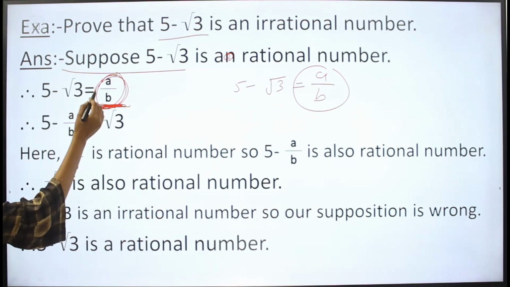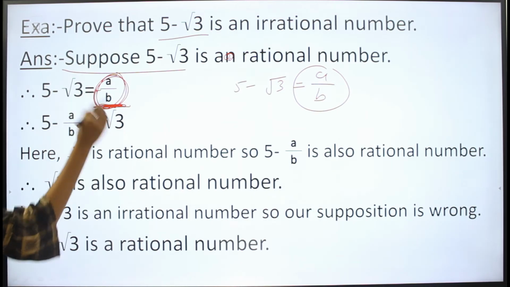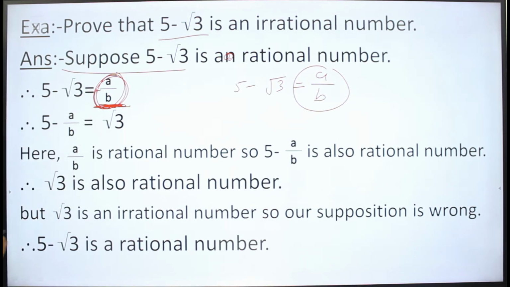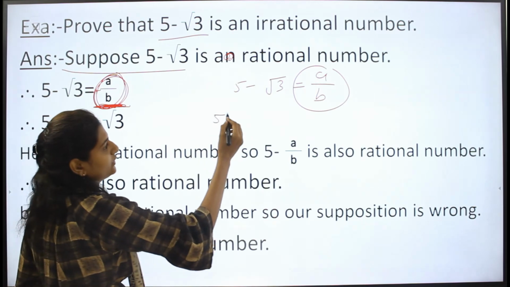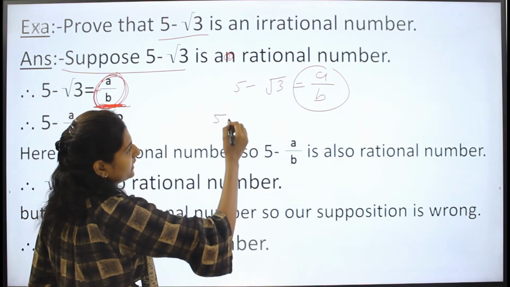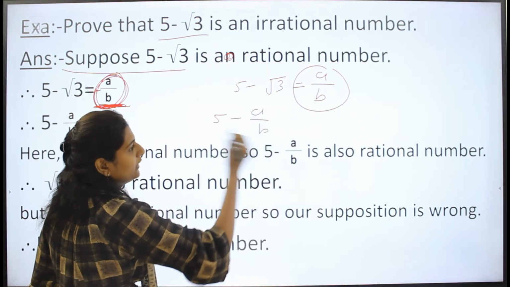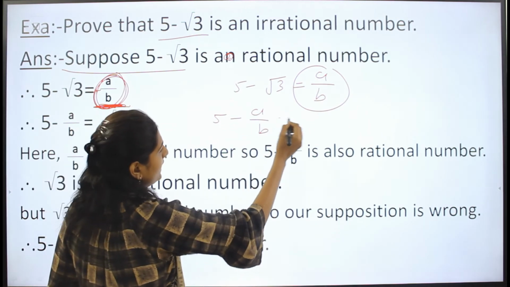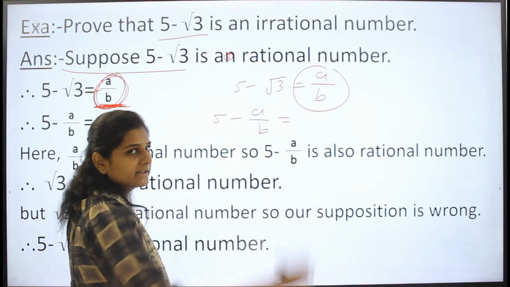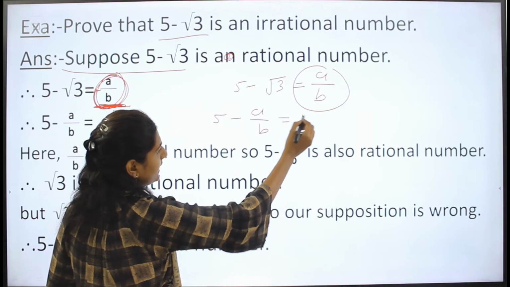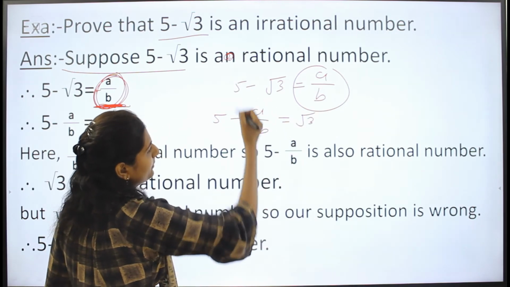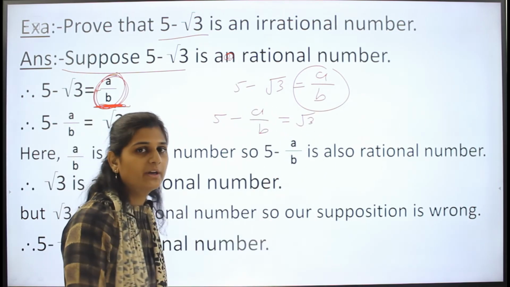As you can see, it is plus right now, so when it goes to the other side, it will become minus. You will get 5 minus a upon b, and this will also go to the other side of the equal sign, so from minus it will be plus square root of 3.